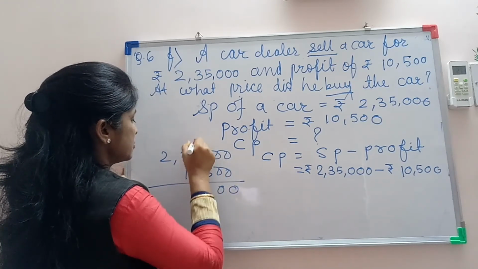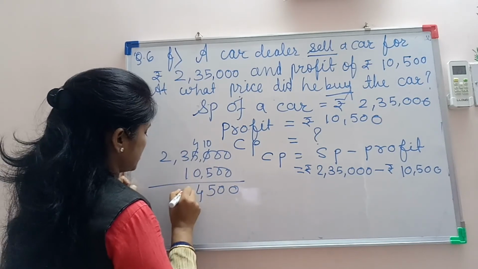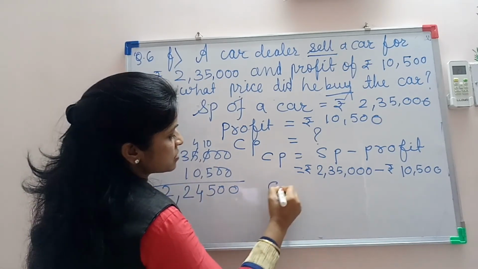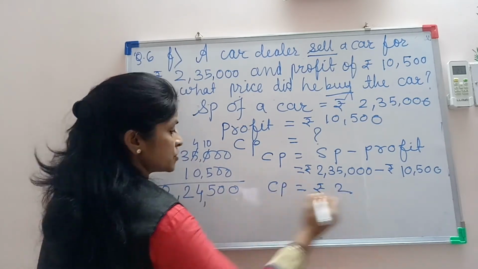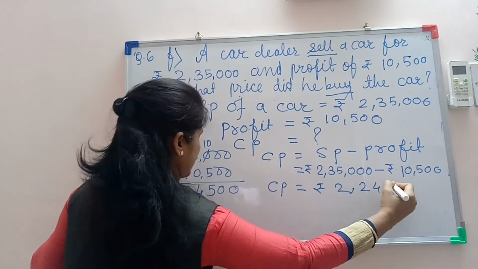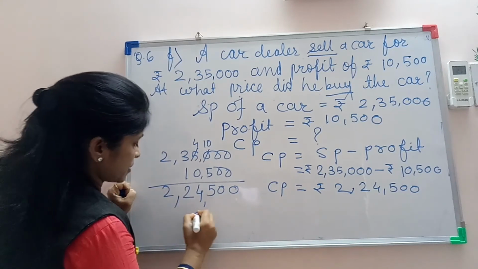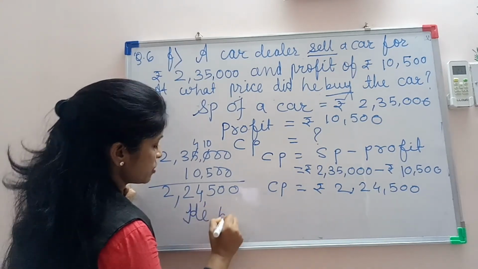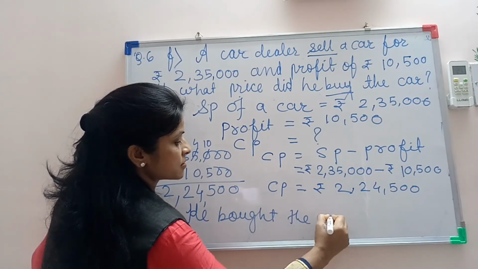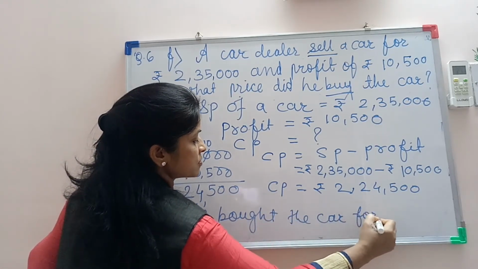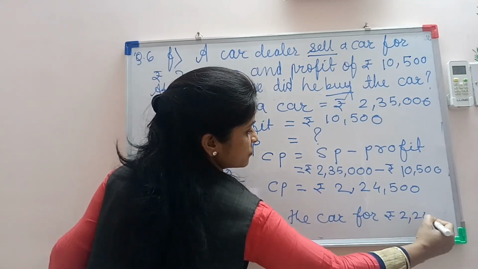We'll regroup the number. 4, that becomes 2. So here cost price is equal to rupees 2,24,500. We'll make the statement. He bought the car for rupees 2,24,500.